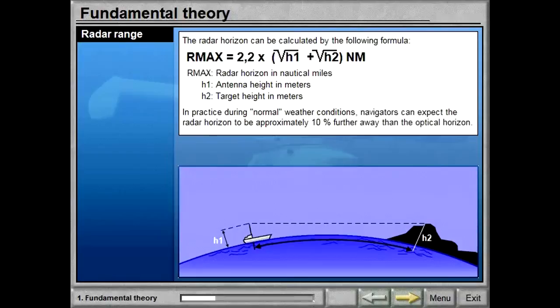In practice, during normal weather conditions, navigators can expect the radar horizon to be approximately 10% further away than the optical horizon.